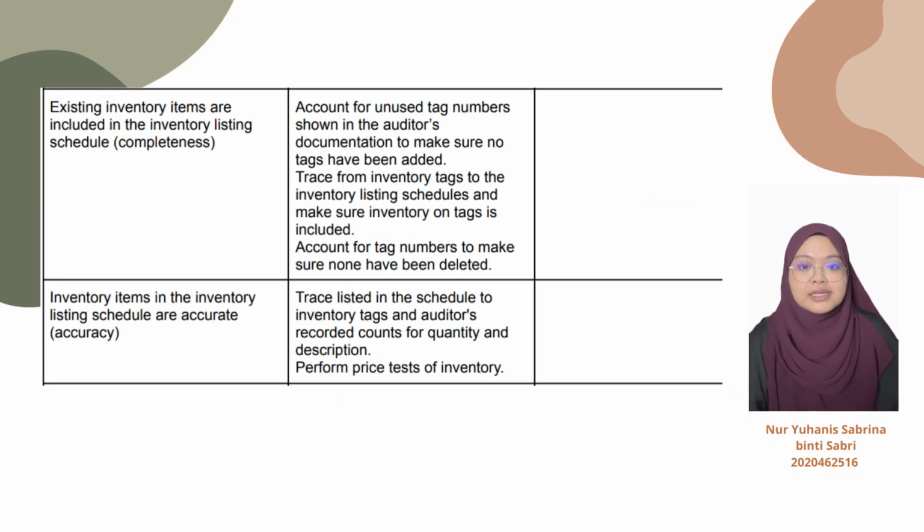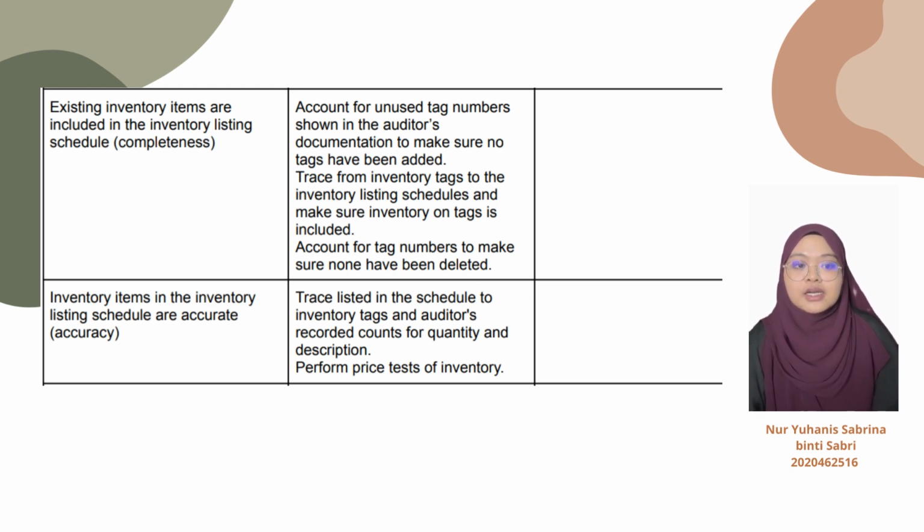The third balance-related audit objective is that existing inventory items are included in the inventory listing schedule, which is completeness. The procedures are: first, account for unused tag numbers shown in the auditor's documentation to make sure no tags have been added. Second, trace from inventory tags to the inventory listing schedules and make sure inventory on tags is included.